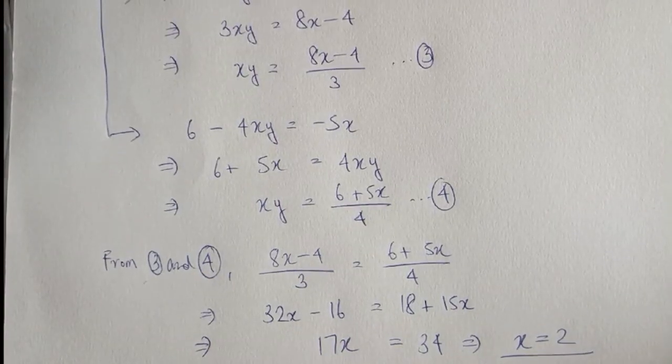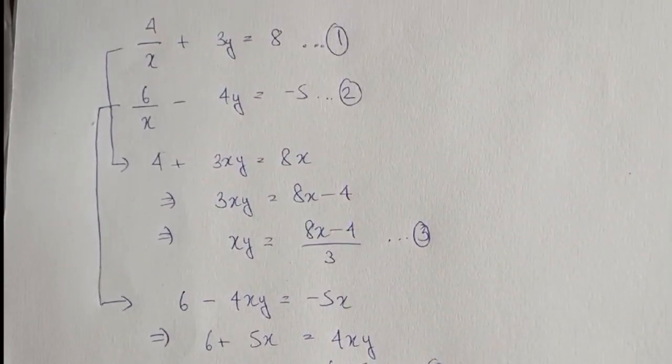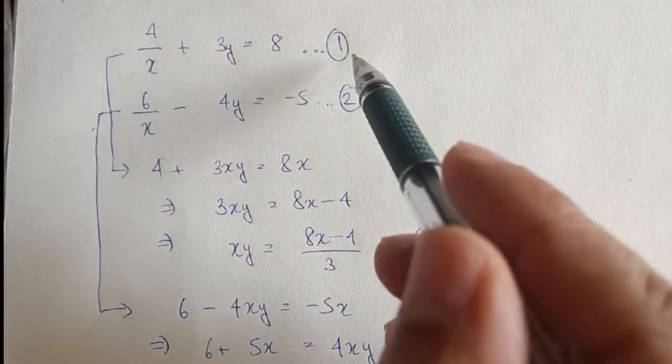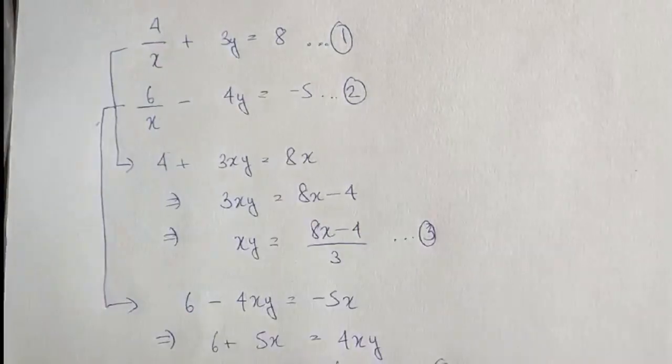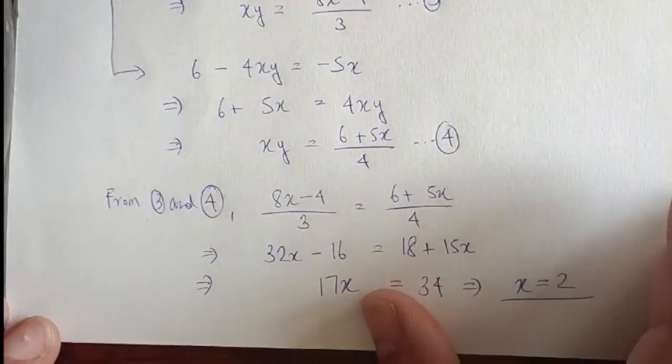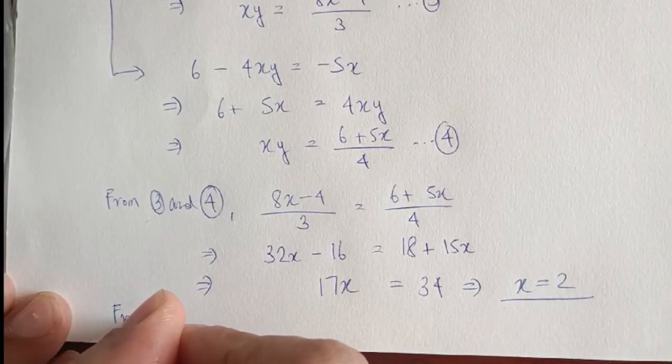Now we have to solve for y. We can do that using any of these equations here. If you just see in the first equation, substituting for x, so 4 by 2. There's a lack of space, but I'm trying to complete it here.